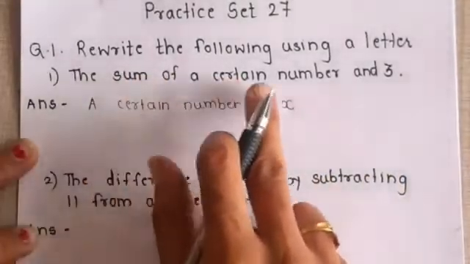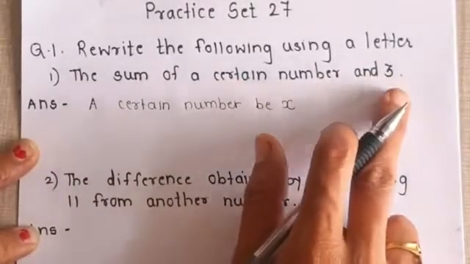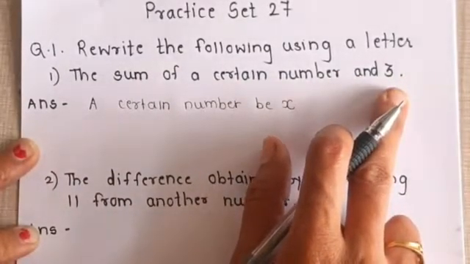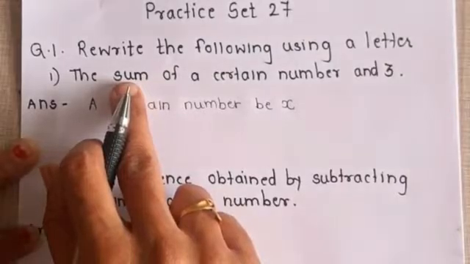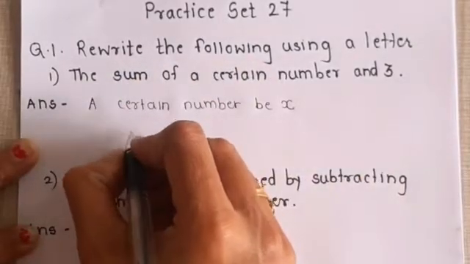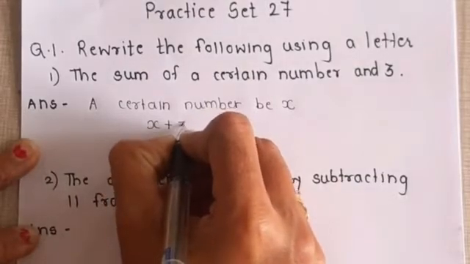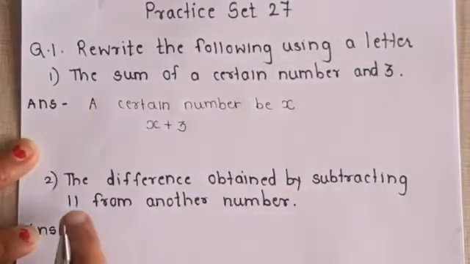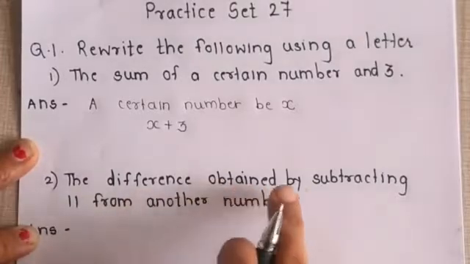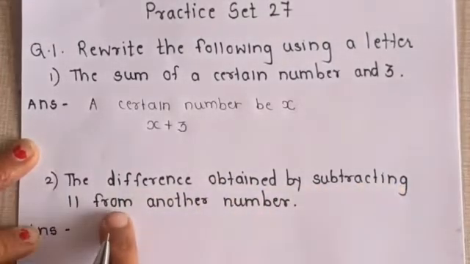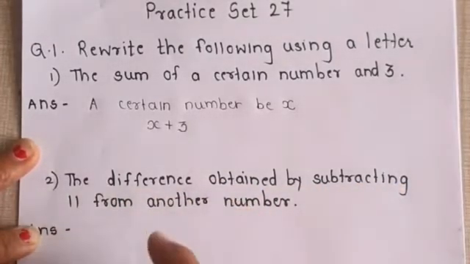Here, the sum of a certain number and 3: sum means addition. So how will we write the equation? x plus 3.